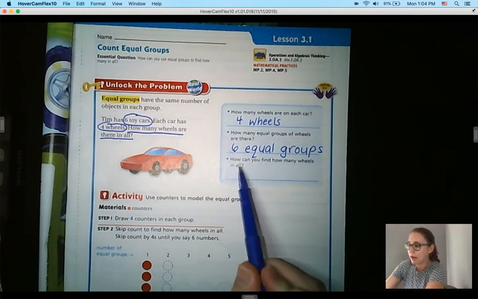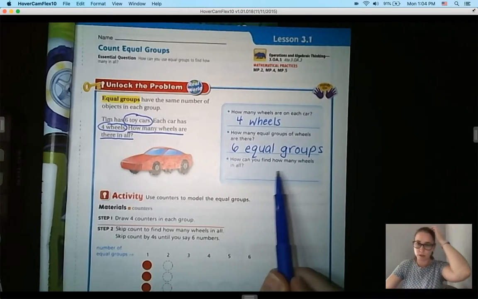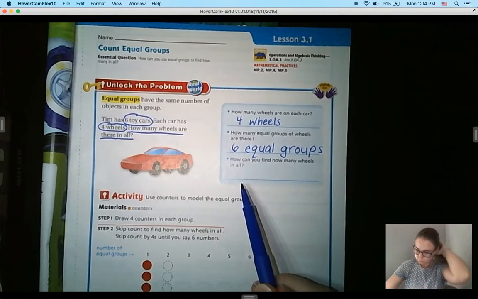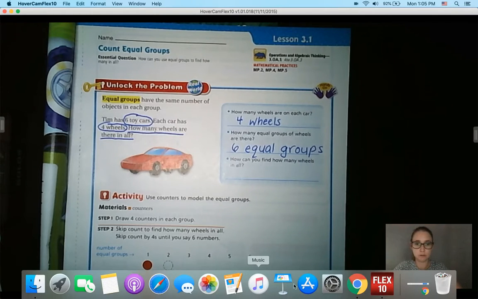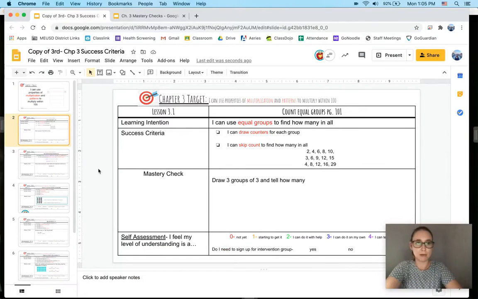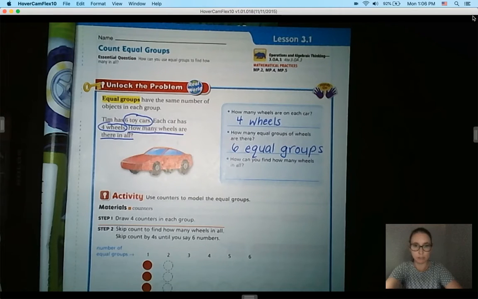And last question, how can you find how many wheels in all? So if I go back to my success criteria, I can draw counters or I can skip count. So maybe I want to skip count to find out how many wheels are in all. Okay?